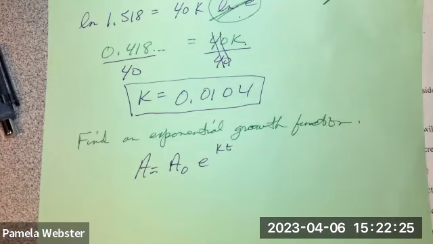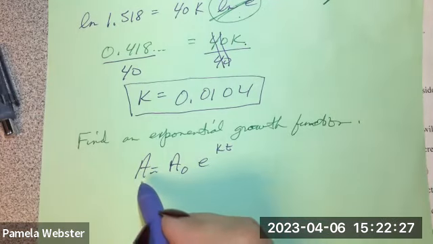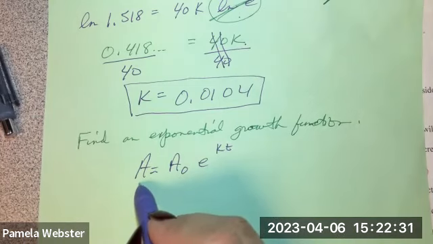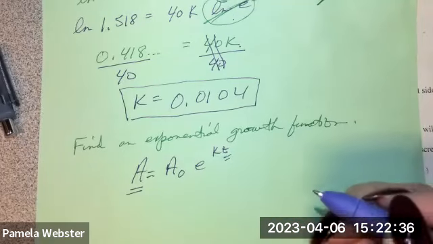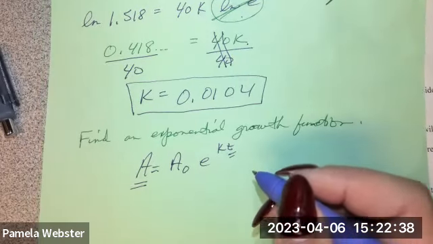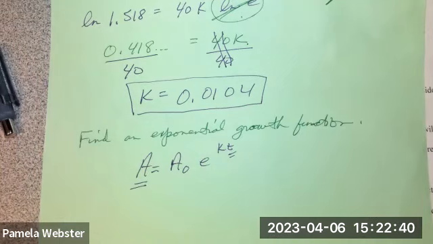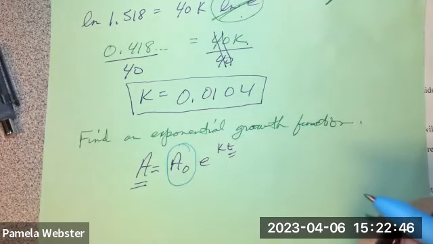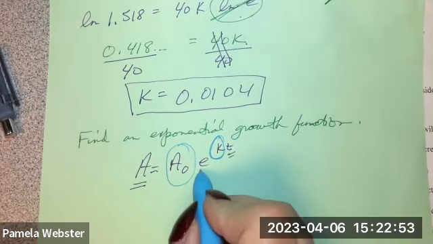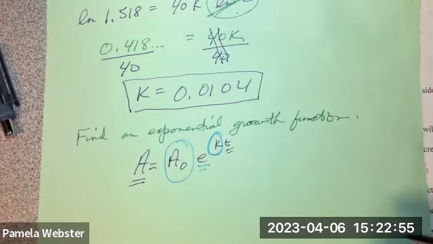Now when I do that, the output will be the ending value, so that's going to be a variable when I'm finished. And the t is going to be a variable because I don't know how much time is passing on each one. So those are going to stay the way they are. The things I should have values for are the A sub naught, or my initial value, and the K, which I just found. Remember, e is not a variable, it's a number.